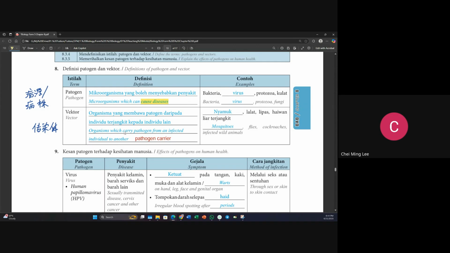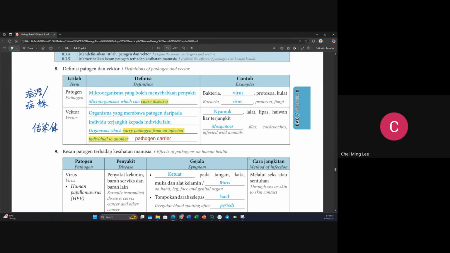Vectors carry pathogens from an infected individual to another, like mosquitoes, flies, cockroaches, infected wild animals. So you can also consider it as a pathogen carrier.